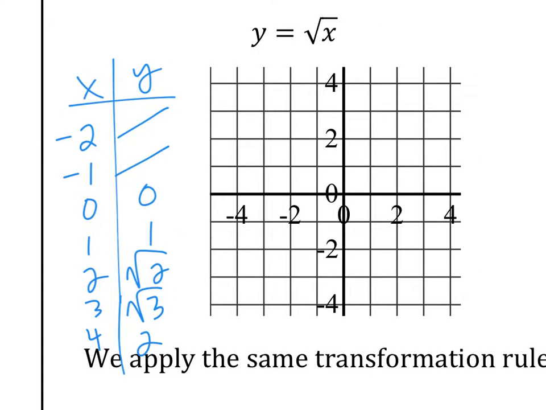So basically, -2, there's nothing, so no graph. -1, nothing, no graph. 0, 0, 1, 1. Square root 2 is about 1.4. Square root 3 is about 1.7. So 2 square root 2, so 2 and 1.4.